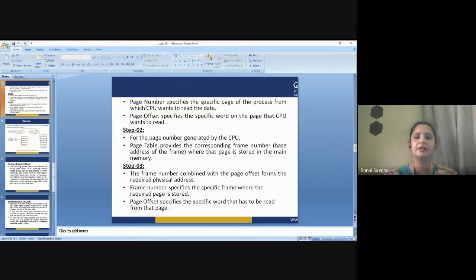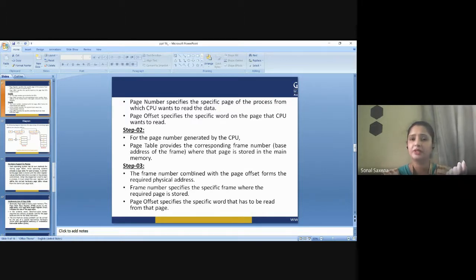The page table is a data structure used by the paging scheme. And it will always give you the address of the frames in which your pages are stored, right? And especially what it will give is the base address of this frame. Like suppose my page number 6 is stored in frame number 3. So whatever is the base address of frame number 3.